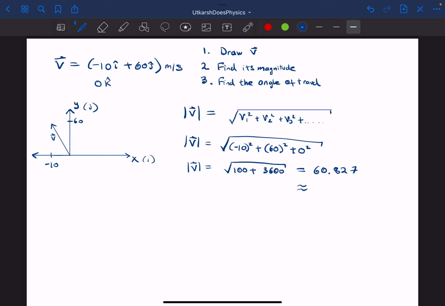So that's approximately equal to 61 meters per second. Great, so we have done question 1. We're done question 2. Now we have to find question 3.